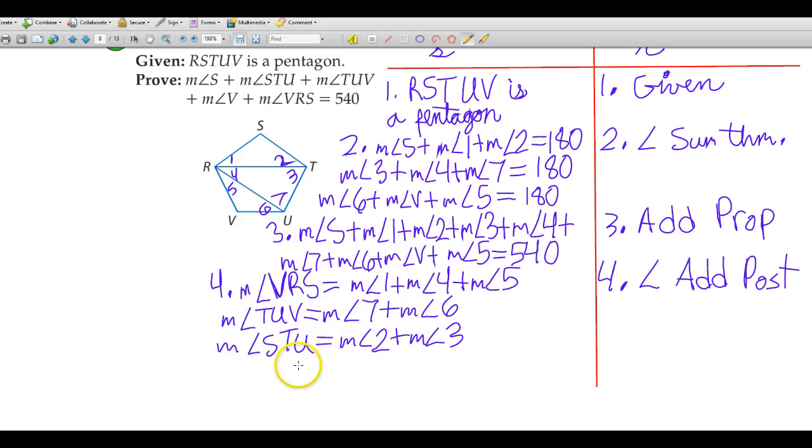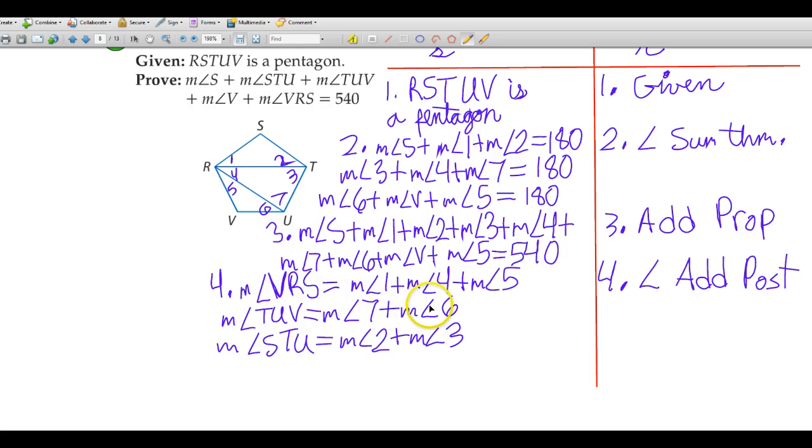So finally, in the last step, we can substitute. So back in statement 3, for angles 1, 4, and 5, we can substitute VRS.